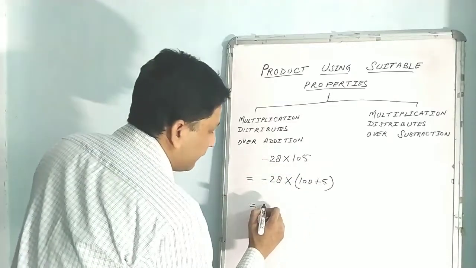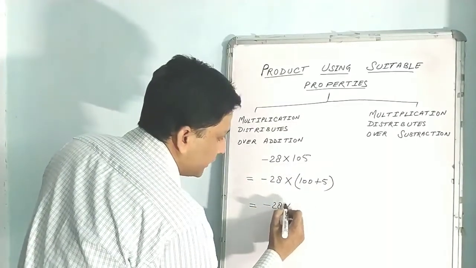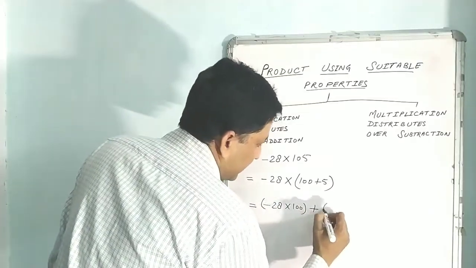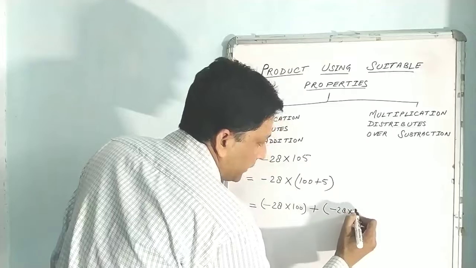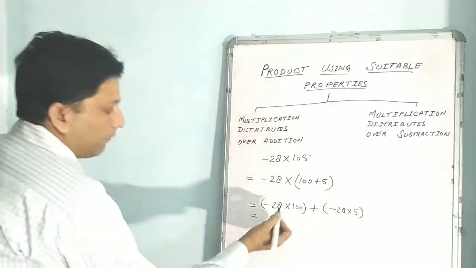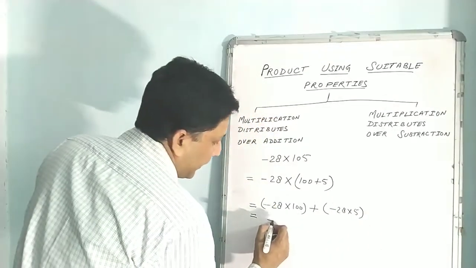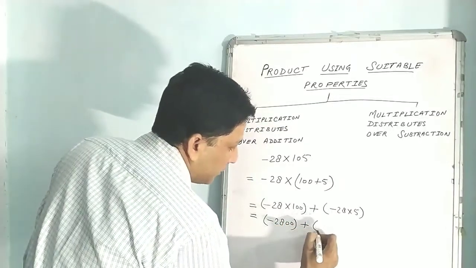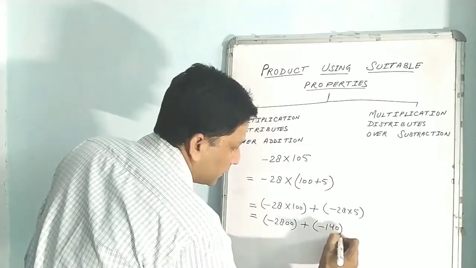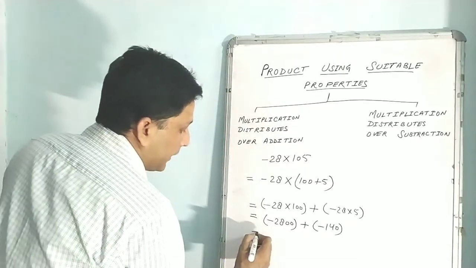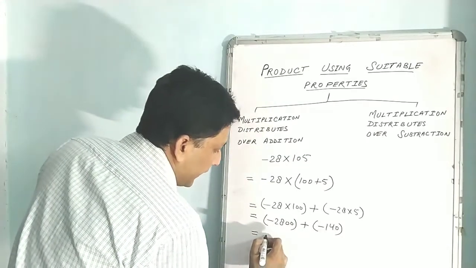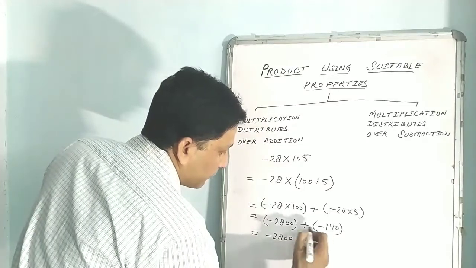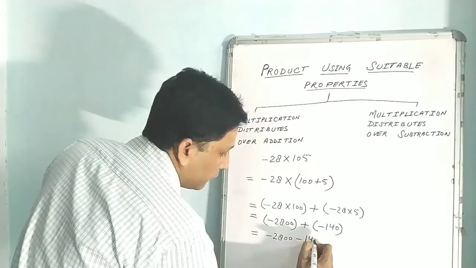In the next step we will write minus 28 into 100 in bracket, then plus, then in bracket minus 28 into 5, and here after multiplying we will get minus 2800 in bracket, then plus in bracket minus 140, and after opening the bracket in the next step we will get minus 2800, then minus, plus minus is minus, 140.